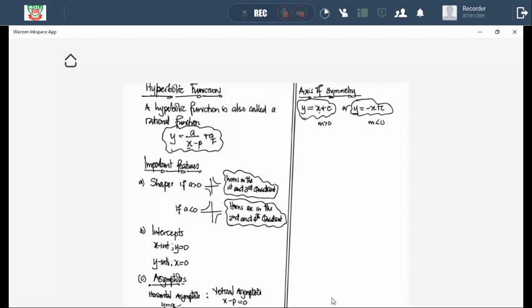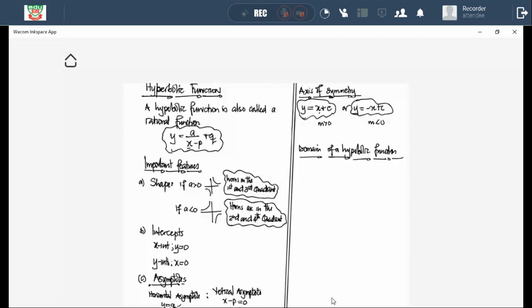Before we get to an example, it is also important to know how to come up with the domain and the range. Now, how do I get the domain of a hyperbolic function? Domain is where the graph is defined along the x-axis.